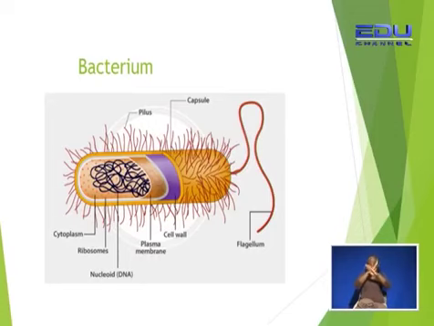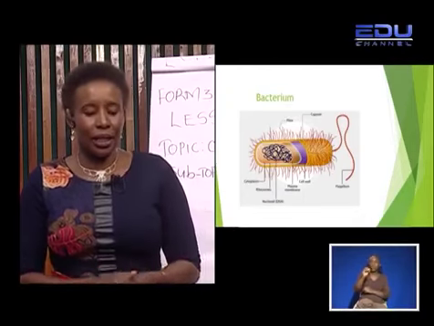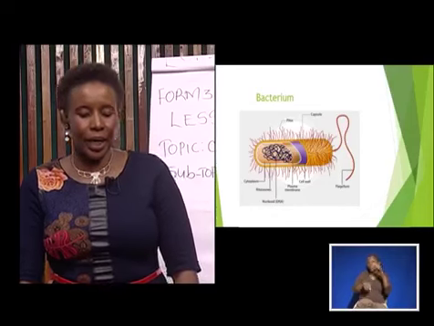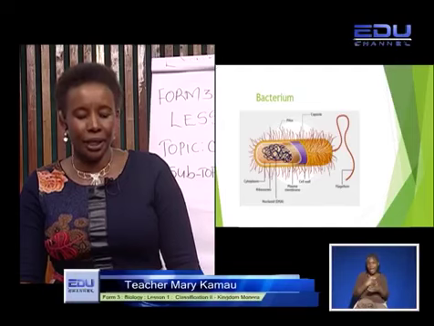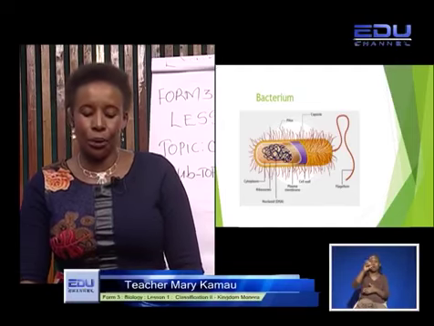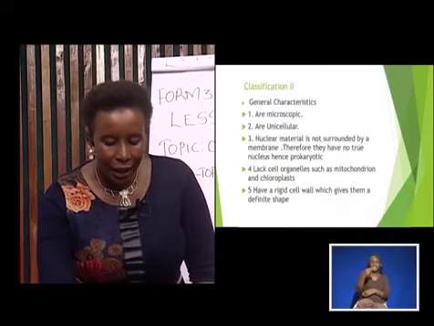This cell wall is different from the cell wall that is found in plant cells, in that the cell wall found in plant cells is made up of cellulose material, but the cell wall found in a bacterium is made up of mucoprotein, and this cell wall gives the bacterium a definite shape, just as it does in plants.